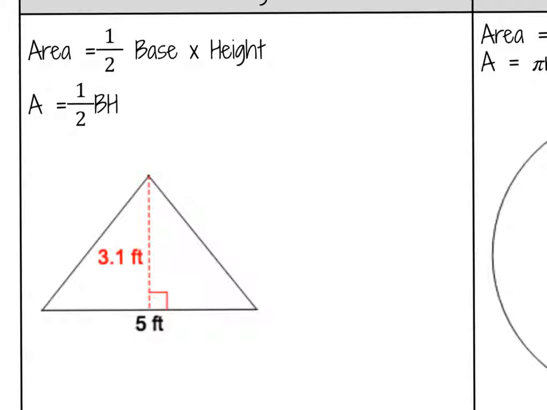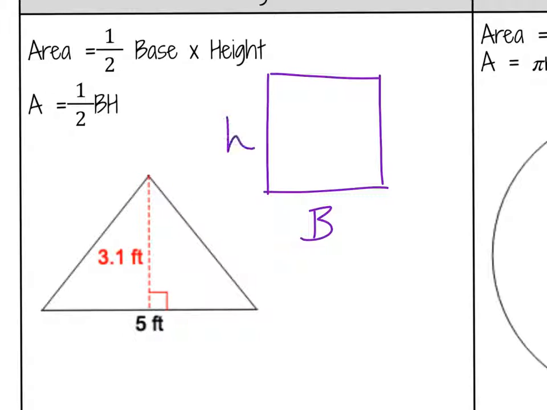Our next shape is a triangle. And I'm just going to real quickly explain why it is 1/2 base times height. So if I have a square or rectangle, the area is the base times the height. I can split that into 2.